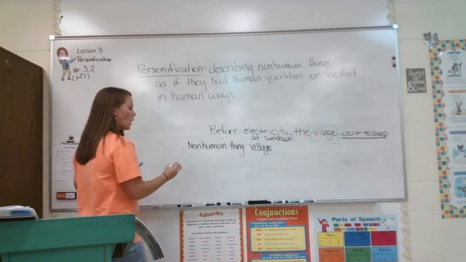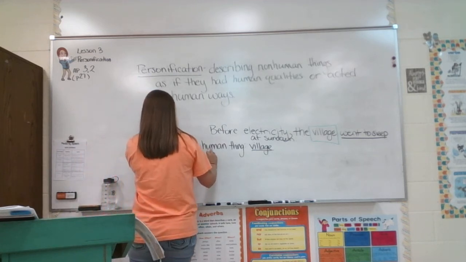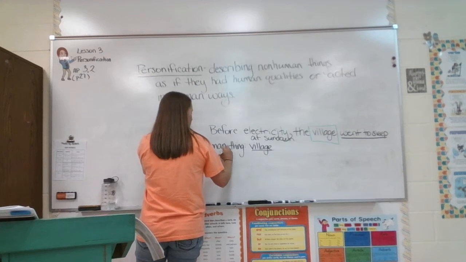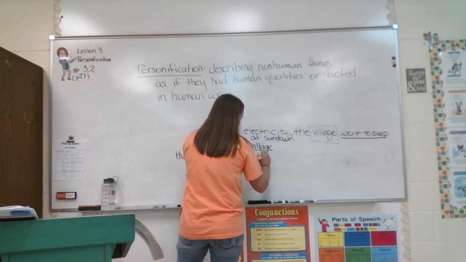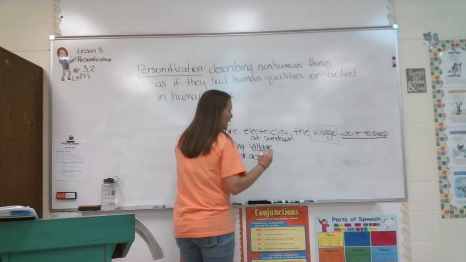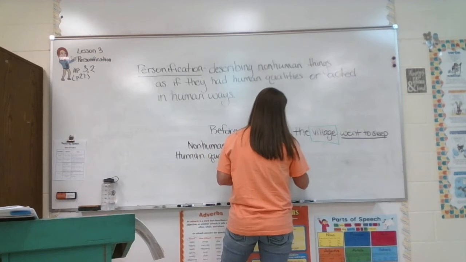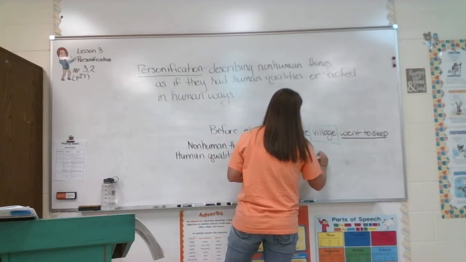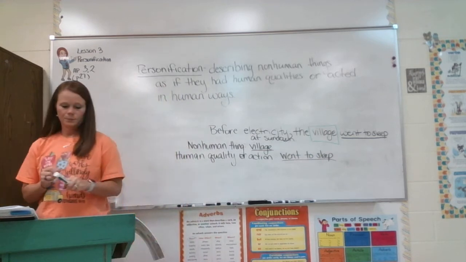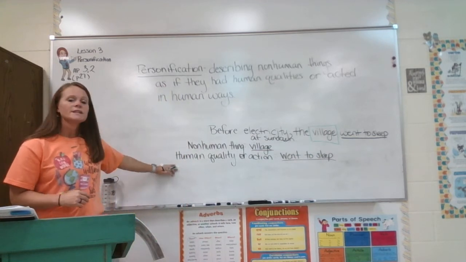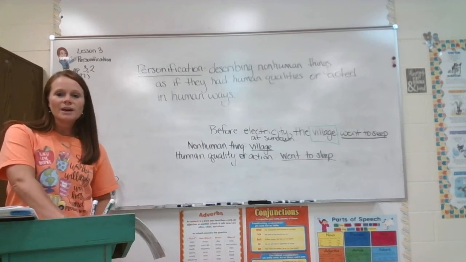So my human quality or action is went to sleep. Make sure that you fill this in as we're going through it in your book, because remember, this is a page that you're going to turn in.